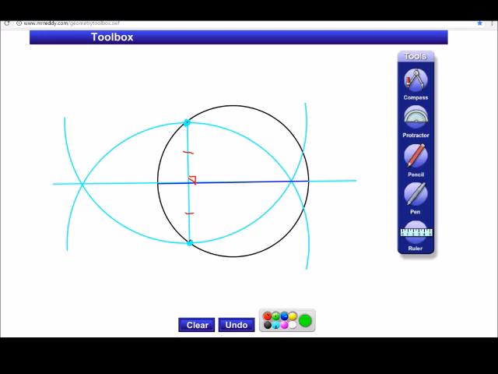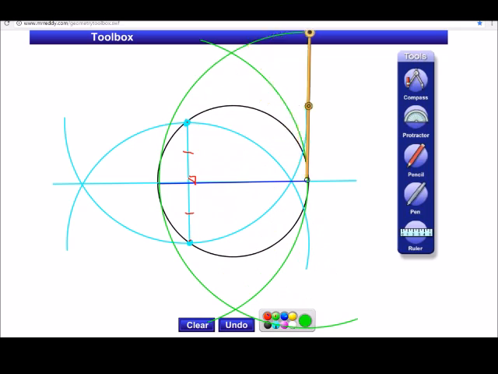Well, how are we going to find the center now? Well, we have a segment. And how do you find the center of a segment? That's right, perpendicular bisector. So I'm going to measure my diameter, and above and below.